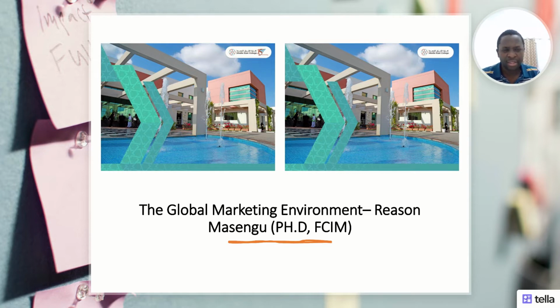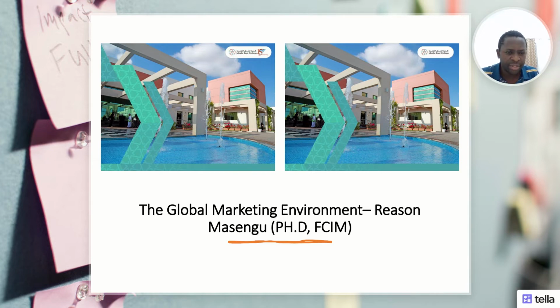In our last discussion, we discussed the introduction to global marketing, where we managed to come up with the typologies of global marketing, how organizations or companies move from a domestic marketing strategy to an international marketing strategy, and how it will proceed to adopt a global marketing strategy.